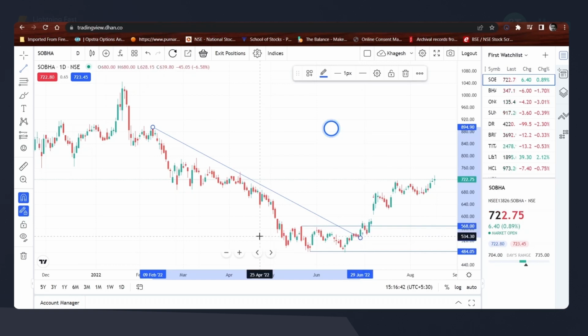In the context of supports and resistances, always remember that it is very difficult to break these horizontal lines when compared to these diagonal lines. It is easier for stock prices to breach the diagonal lines, which signify the overall trend, when compared to the horizontal lines, which define your support and resistance levels.